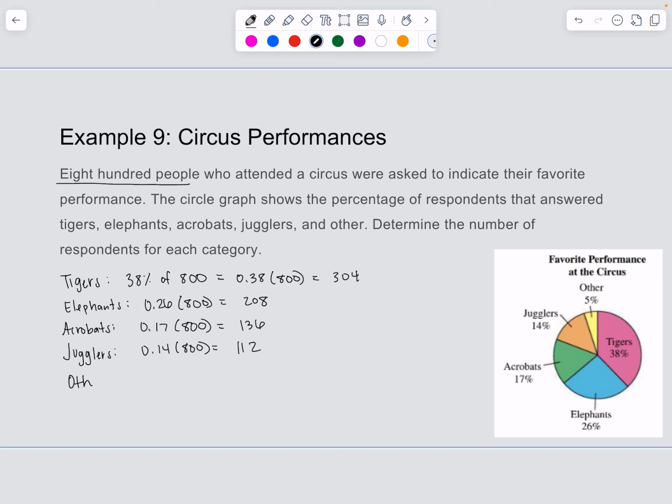And other. These are the people that probably like the clowns. 5%, 40. And if we were to add up all of the people, they take us back to 800 total.